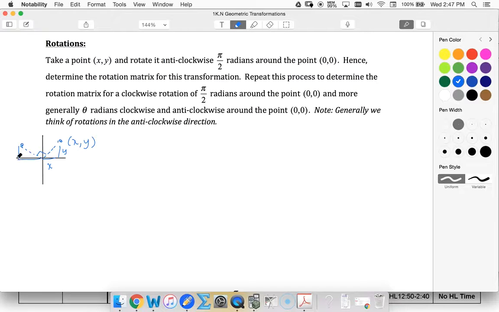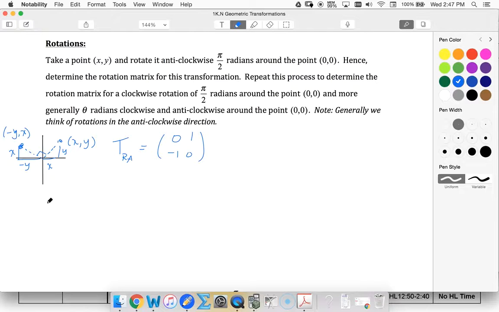So this value is going to be positive, so that's x, and this is going to be negative y. So my coordinates are (negative y, x). So that means my transformation matrix for 90 degrees, so I'll call that a right angle anti-clockwise, I'm going to end up with [0, -1; 1, 0].